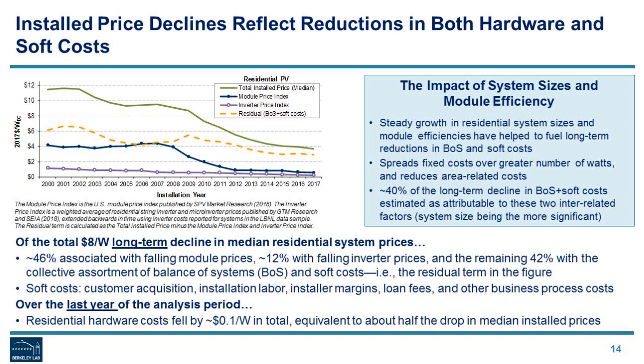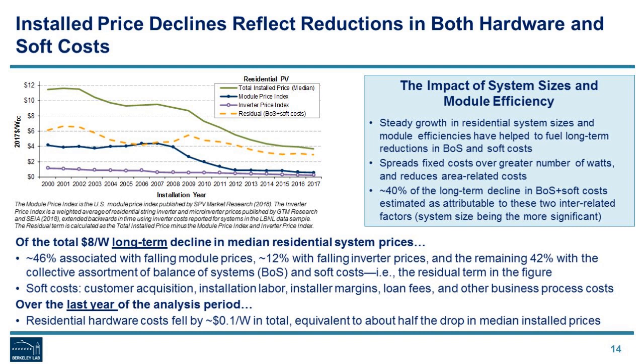At least in thinking about the long-term trends here, one of the big drivers for the declining residential balance of systems and soft costs has been the growth in system sizes and module efficiencies, which we saw earlier. And the logic here is that, with a larger system, you can spread those fixed project costs over a larger number of watts and therefore reduce your cost per watt.